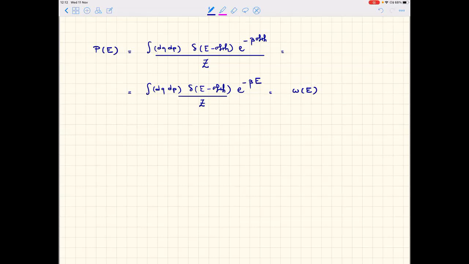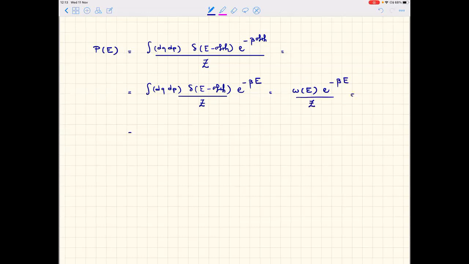If you remember, it is the phase space volume contained in the hypersurface of energy E. So it's omega of E times e to the minus beta E divided by Z.